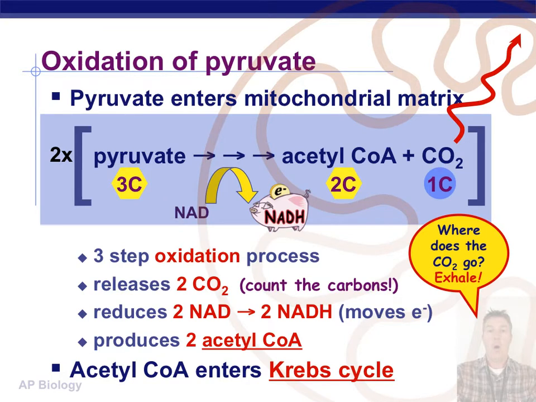NAD is going to be reduced to NADH to be used later, and the product is going to be acetyl coenzyme A, or acetyl-CoA, either way that you want to pronounce it. But this oxidation process is going to leave us with a 2-carbon compound and some carbon dioxide. And of course, we know we're going to eventually exhale that.